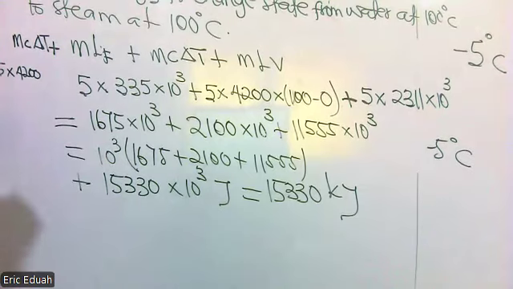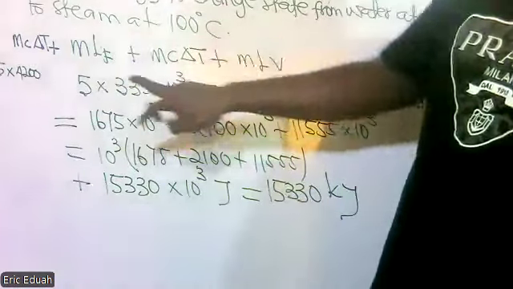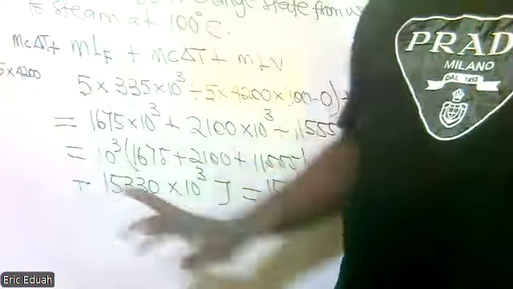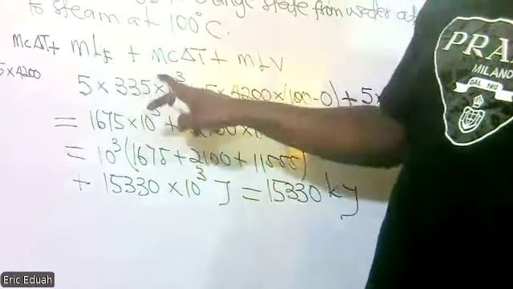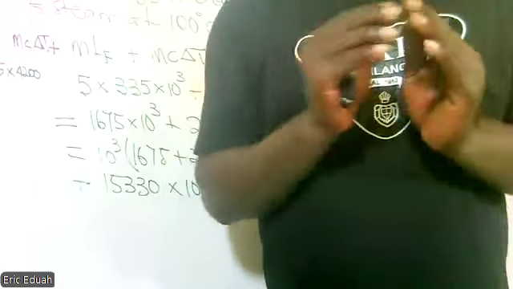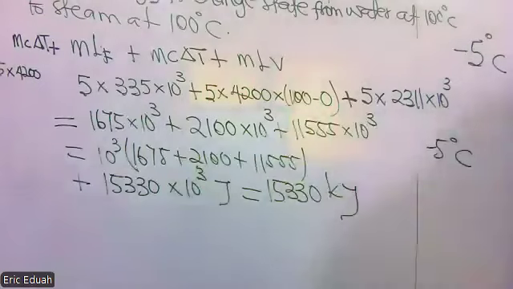Okay. But the only bit of difference is that the specific heat capacity of ice wouldn't be the same as the specific heat capacity of water. At -5, we have ice. So let me give you the specific heat capacity of ice.